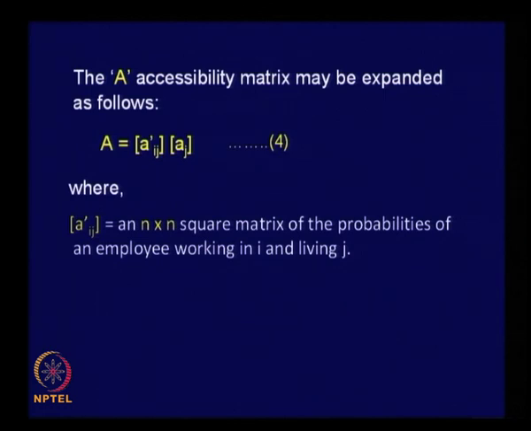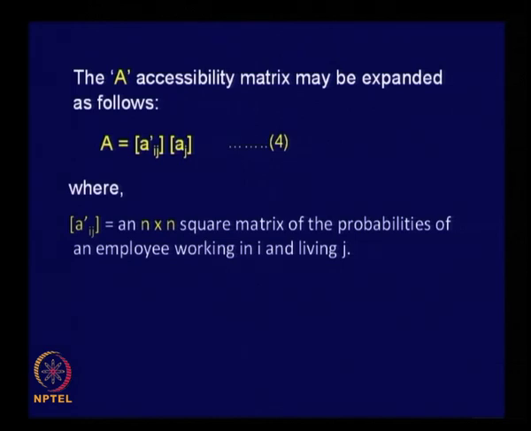It is an n by n matrix which is square, of the probabilities of an employee working in I and living in J. Will you be able to get this information for base year condition? For example, suppose you are asked to get the values of A dash ij as an n by n matrix. If you have 200 zones, it will be a 200 by 200 matrix. Would it be possible?